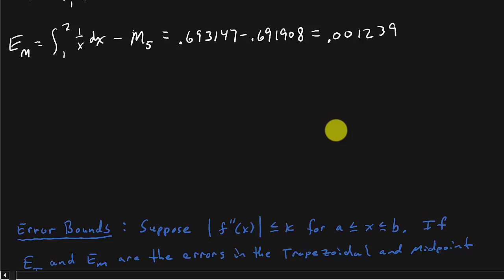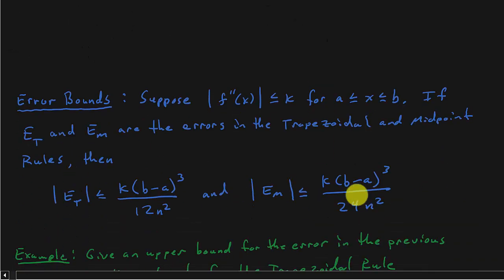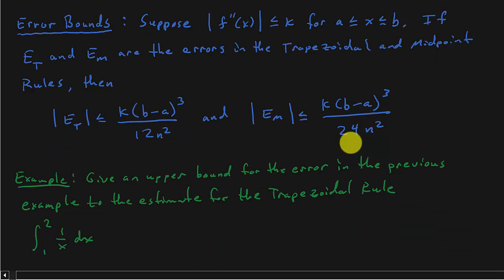All right, so let's look at error bounds. It says, suppose that f double prime of x is less than or equal to k for x between a and b.